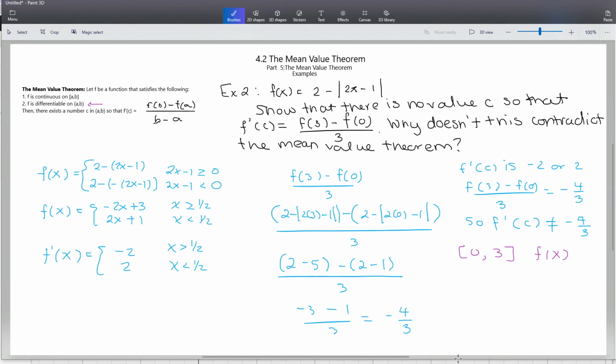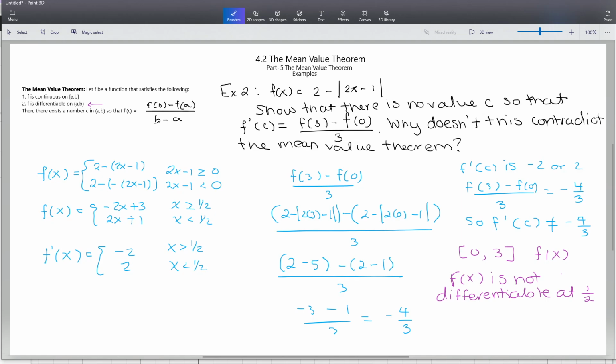You can see that at exactly 1/2, where the vertex of this graph is, this function is not differentiable. So f of x is not differentiable at 1/2.